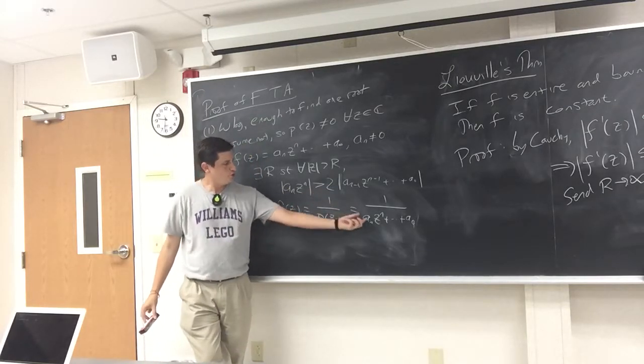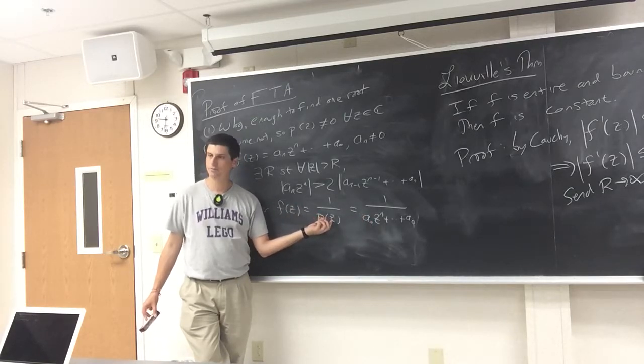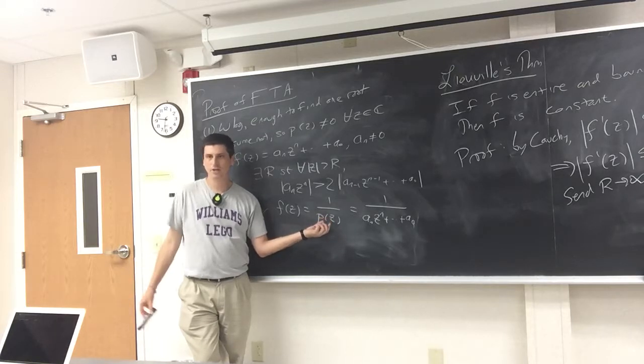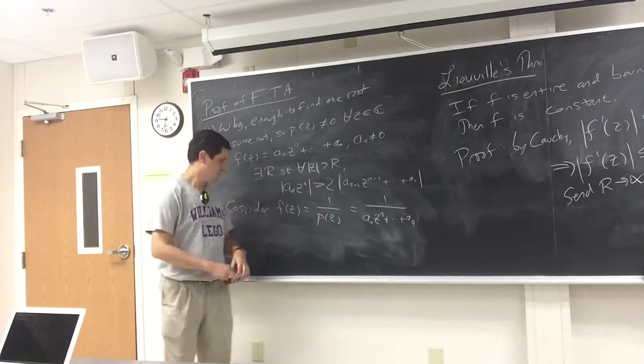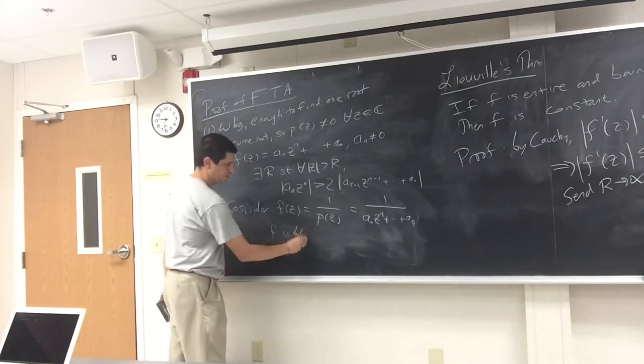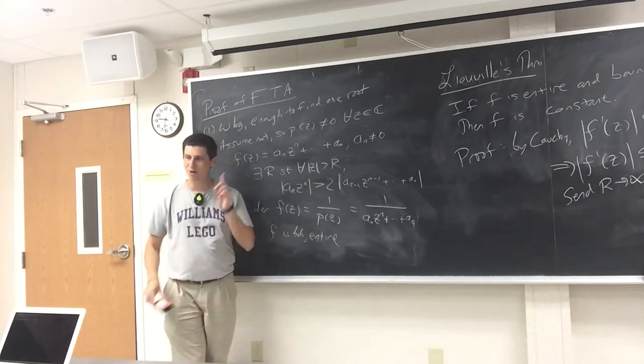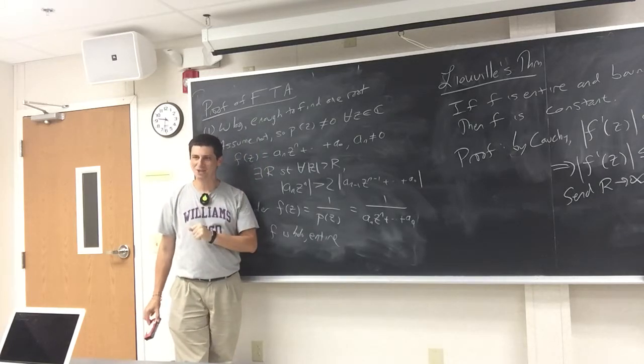So we know that this is never 0, so this is well defined. Is this function differentiable? Yeah. In fact, it's infinitely differentiable. f is holomorphic. It's entire. All we need to do is show that it's bounded, and then by Liouville it has to be constant.